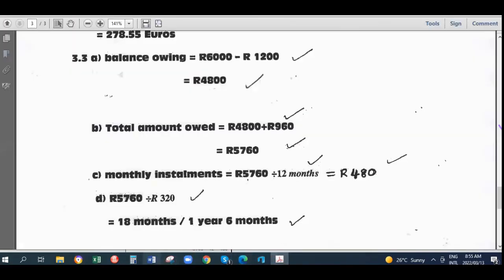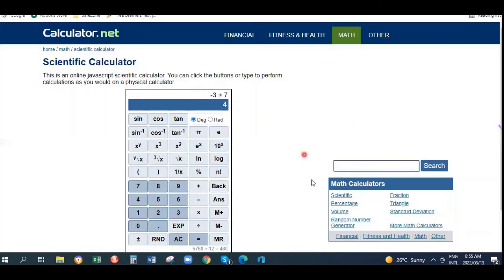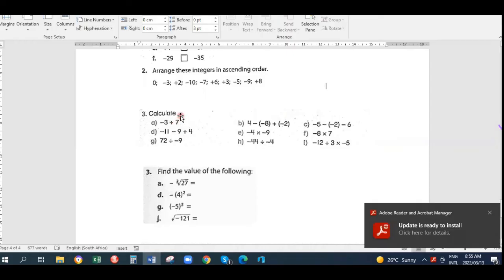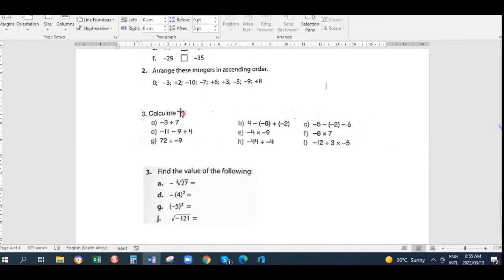If you're doing it mentally, we have negative 3 and positive 7. Which is the larger number, positive or negative? It's a larger number of positive. If there's a larger number of positive, that means your answer is going to be positive.